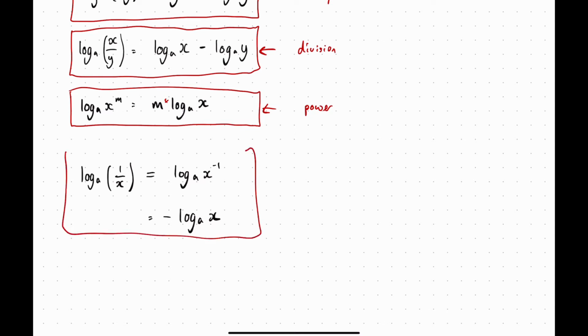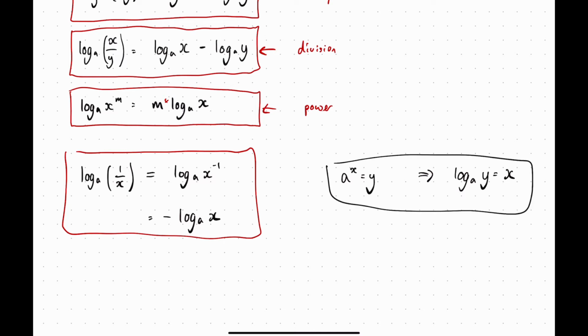Again, we're using any base, and we can use yesterday's rule: if a to the power x equals y, then that can be rewritten as log base a of y equals x. Combining these things together is the focus of today.